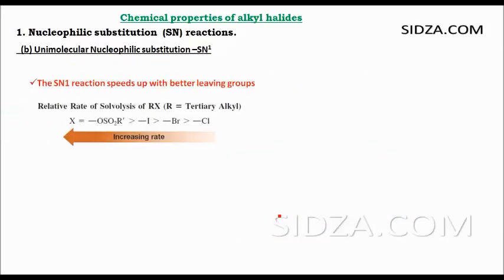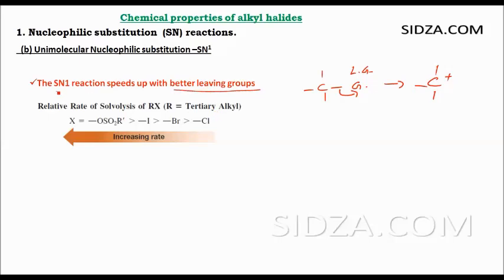Next point is about the nature of the leaving group. A better leaving group speeds up an SN1 mechanism because you can get the carbocation quite easily.